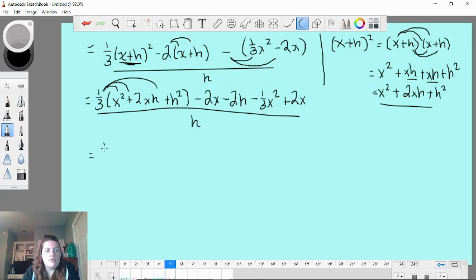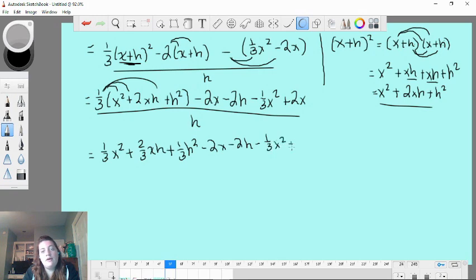So we have 1/3 x squared plus 2 divided by 3 is just 2/3 because you cannot simplify that. 1/3 times h squared would be plus 1/3 h squared minus 2x minus 2h minus 1/3 x squared plus 2x, and then everything is divided by h. Alright, everything divided by h. Okay.